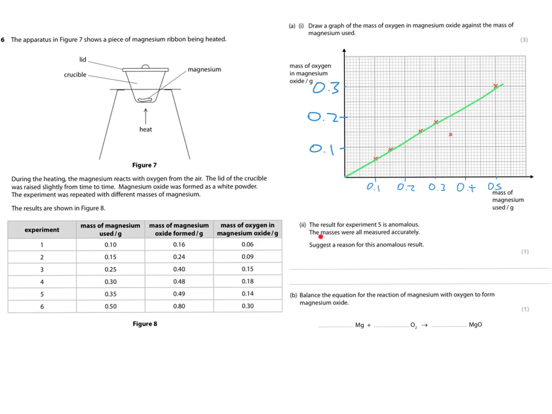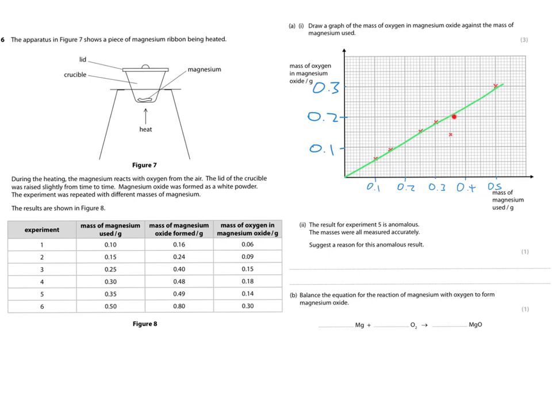Okay, the question then goes on to say the result for experiment 5 is anomalous. The masses were all measured accurately. Suggest a reason for this anomalous result. So what happened here? You'd expect the mass of oxygen added to be up here.